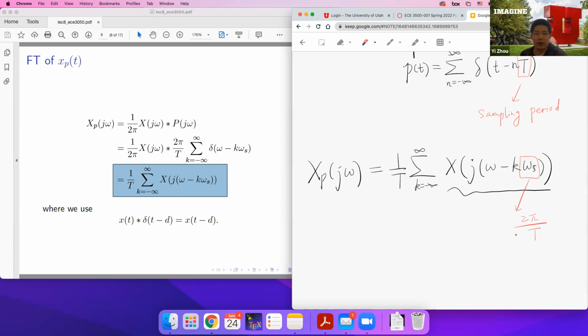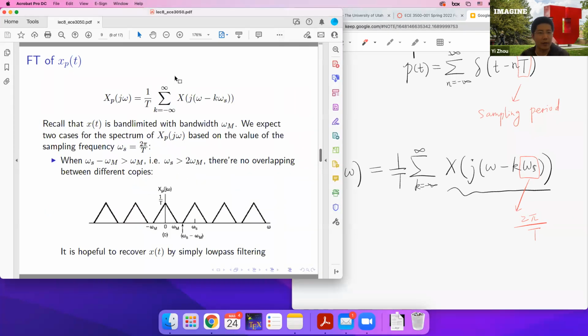So we can see that we are shifting the original spectrum to different locations in the frequency domain, and the period is based on the sampling angular frequency. Based on this relation, we can visualize the spectrum of the sample signal once we are given the spectrum of the continuous time signal and the sampling frequency.